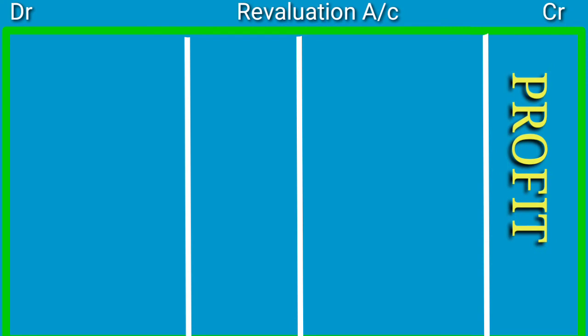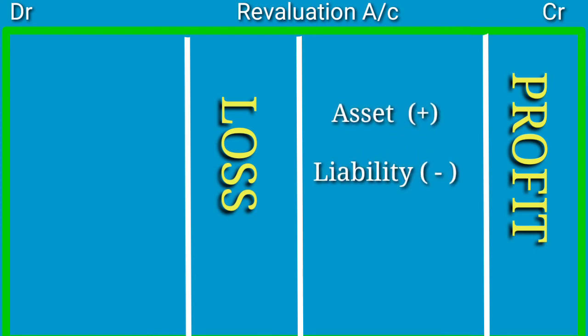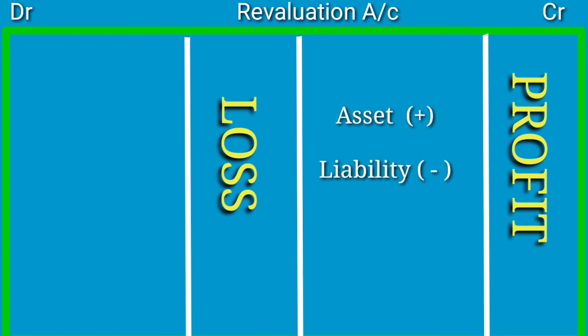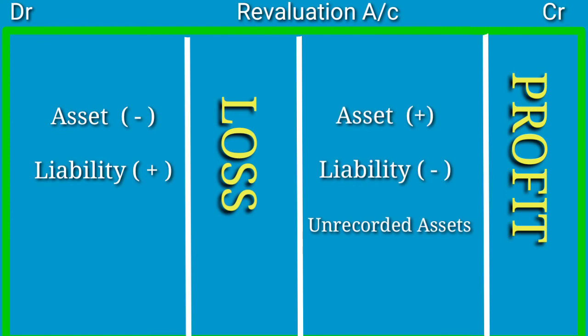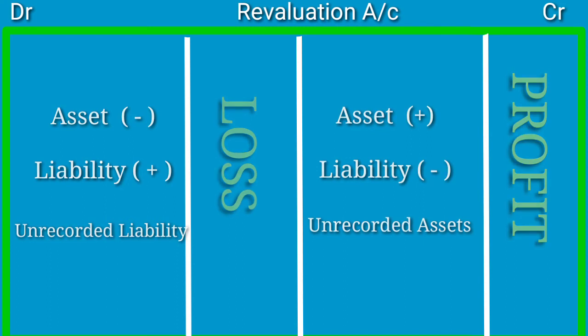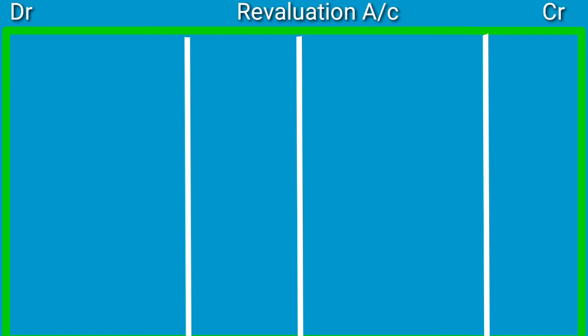All profit will be recorded on the credit side and all loss on the debit side. That means when asset increases, liability decreases, and unrecorded asset, these are all recorded on the credit side, and when asset decreases, when liability increases, and unrecorded liability, these are recorded on the debit side.